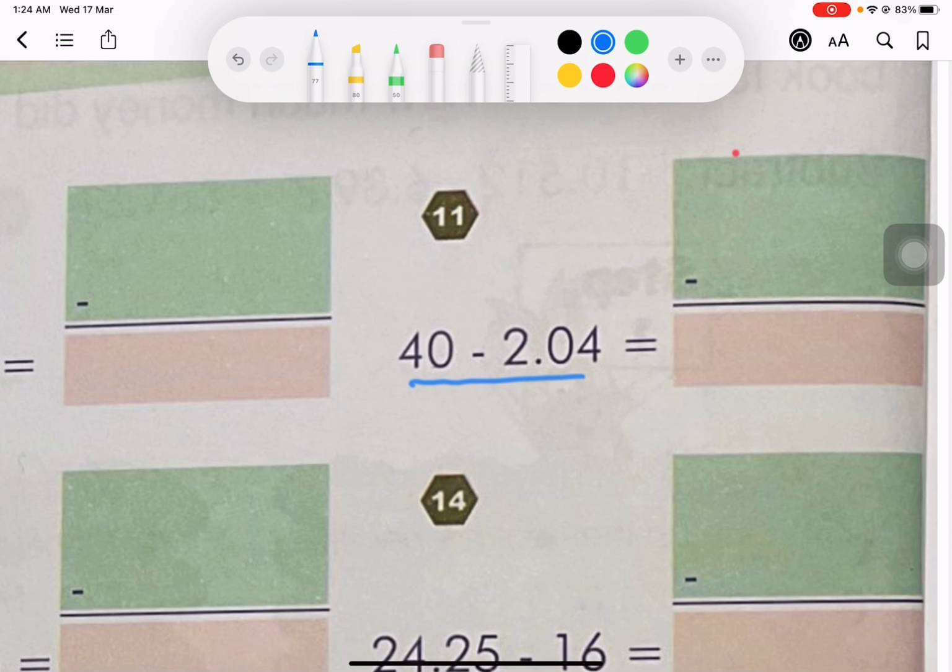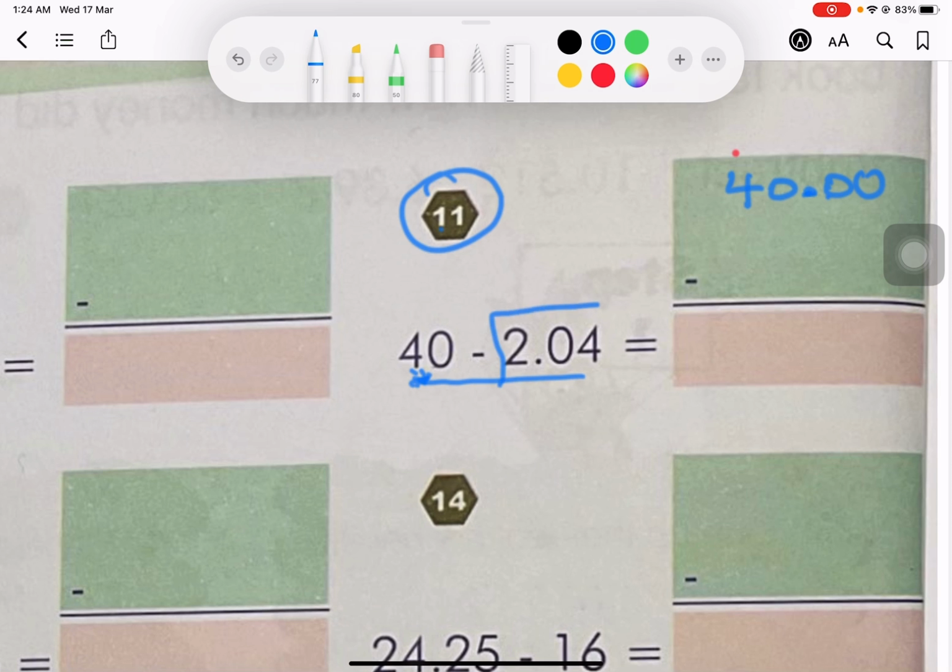You are going to align your numbers vertical. Start with the first number. Don't change the order. What is first stays first. I will write 40 like that. Where is the decimal in this number? Here is the decimal. In any whole number, the decimal is here. Then I can add zeros. When you read this number, it is still 40, even if you put a decimal and zeros, never mind.